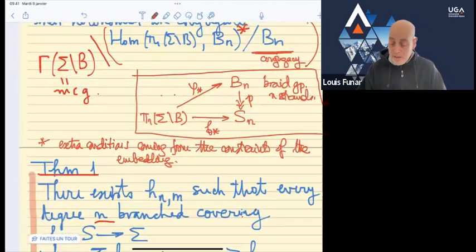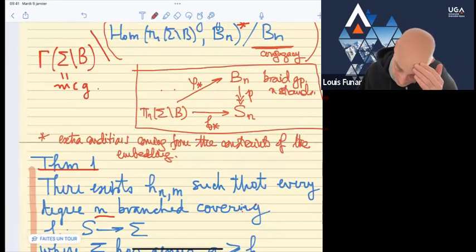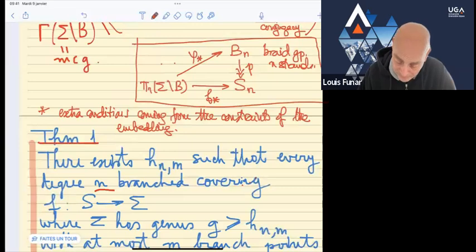And now I can state what I obtained with my colleague Pagotto as a positive result in this direction.